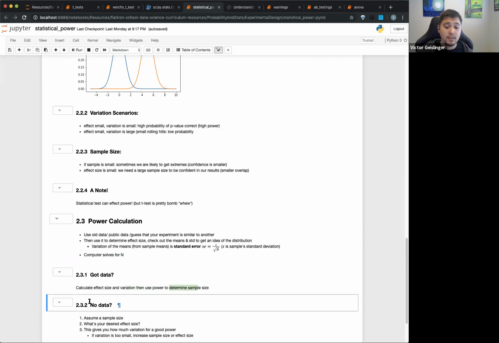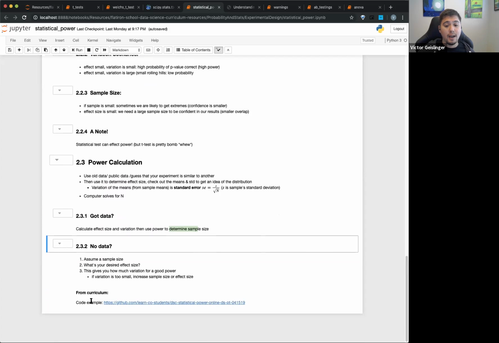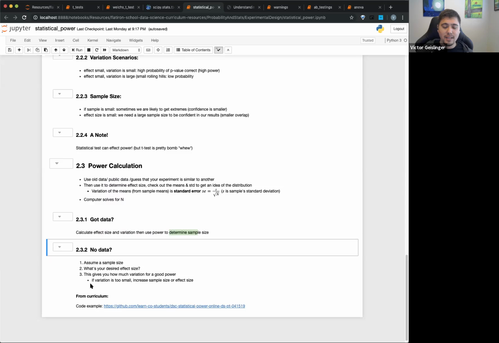If we don't have data, there's a couple ways you can do this. One is that you can assume a sample size and then ask, what's the desired effect size? So let's say we have this sample size, we say what effect size we actually want, and this will give you how much variation you need for a good power. And then you look at the variations: does that seem realistic, or not?